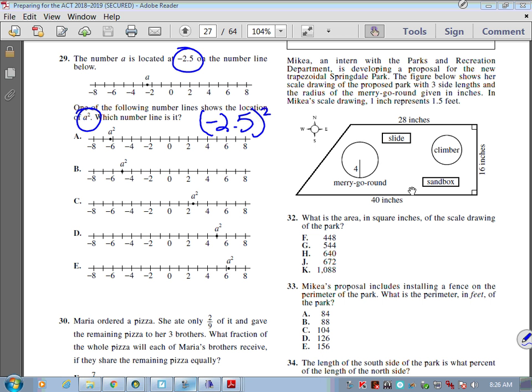So in your calculator, you need to make sure that you put negative 2.5 in parentheses. A negative times a negative is a positive. 2.5 squared is 6.25, or 6 1/4. Okay? So you're looking at a positive 6 1/4. So you should get E.